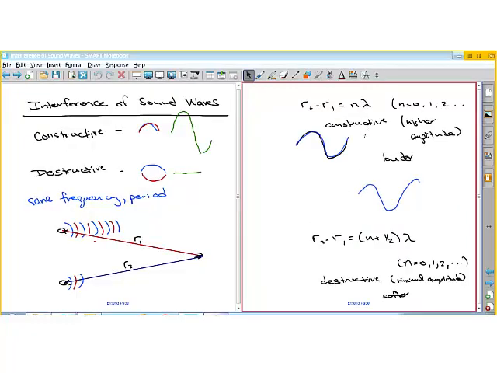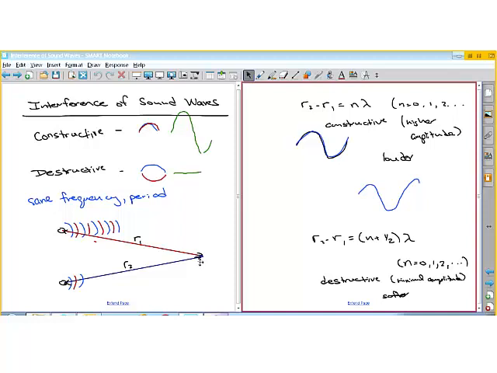For constructive interference at a point in space, the difference in these distances, R2 minus R1, must be equal to an integer multiple of the wavelength. In those cases you get constructive interference, and at those points, a louder sound.